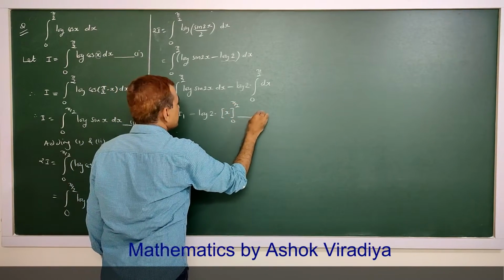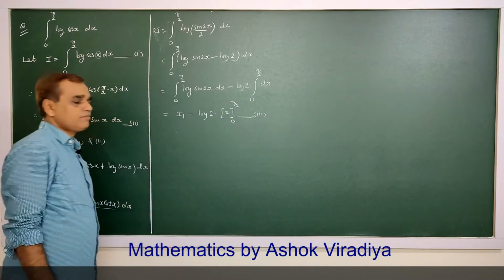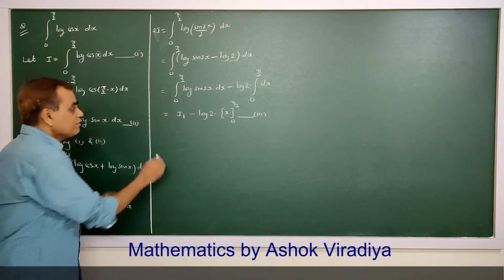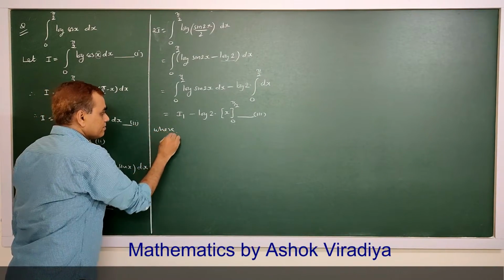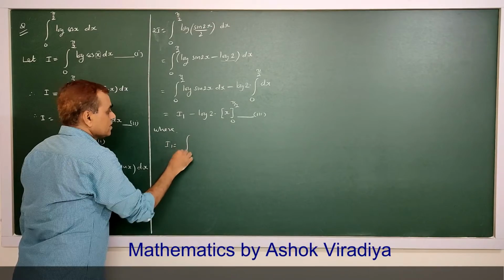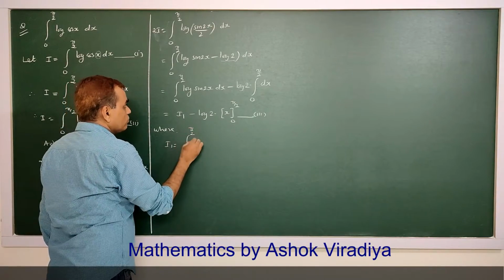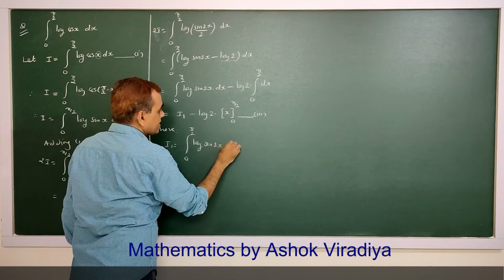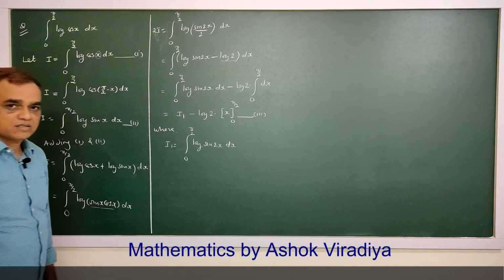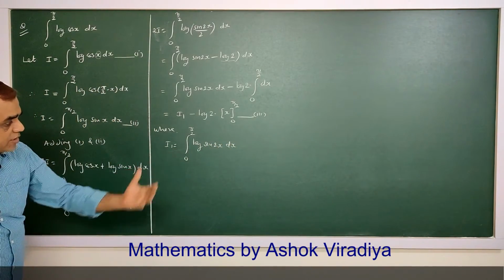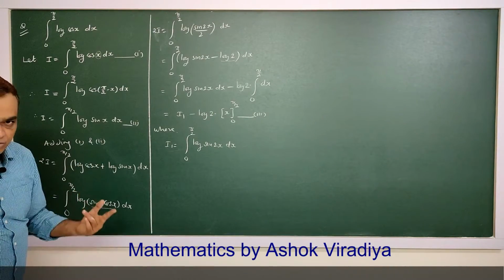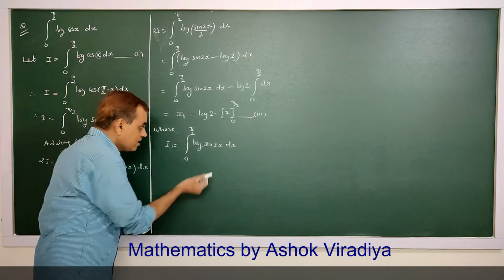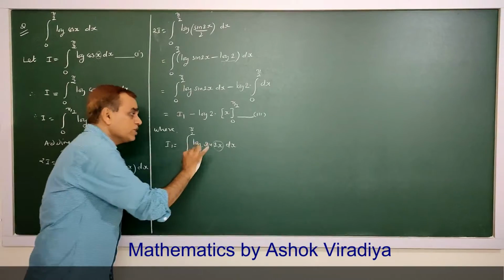Let me say this is equation 3, where I1 is 0 to pi by 2 log of sin 2x dx. Now to integrate this function, the procedure is we take 2x equal to t.